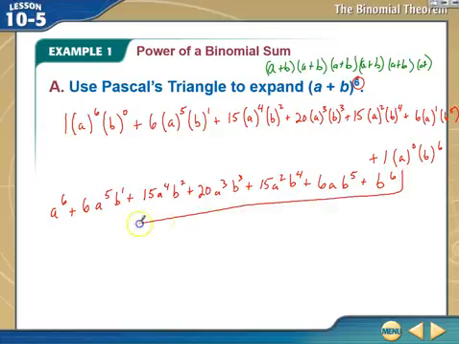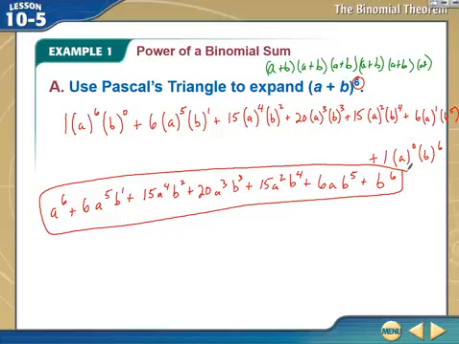And there's my answer. And I can argue quite successfully that even though it was completely painful in the sense that it took forever and there's a lot of writing stuff down, it is a whole lot easier than doing all this foiling and then all the combining. Much easier. And that's what Pascal did.